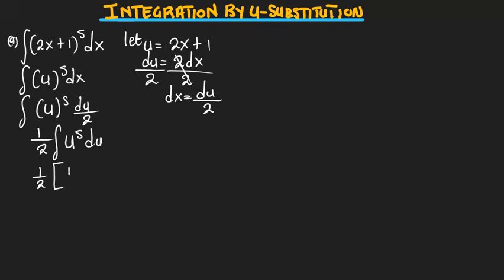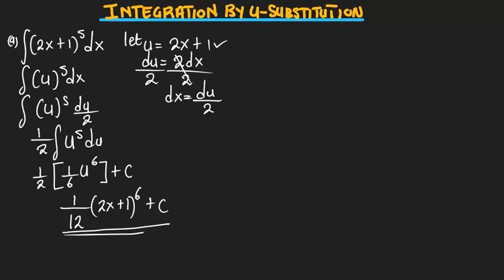It is just 1 over 6, then u to the power 6, plus c. Then this multiplied by that is going to be, of course, 1 over 12. Then what is u? The u was this particular part, which is going to be (2x + 1) to the power 6 plus c. So this is how you find the integral of this particular equation.